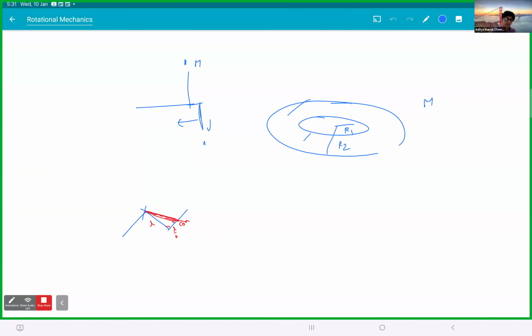IY, how will you do? Now see, for IX and IY, the idea is this. I'll give you an idea. You try this again. Let's see whether you get the same thing. Instead of adding, we can do something like this. Do I know about IX?